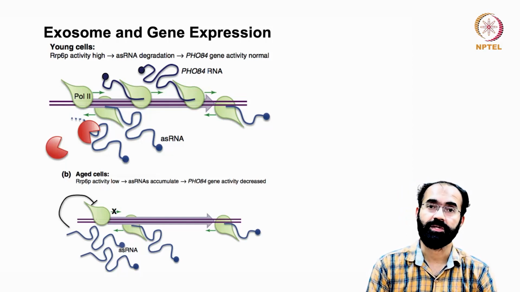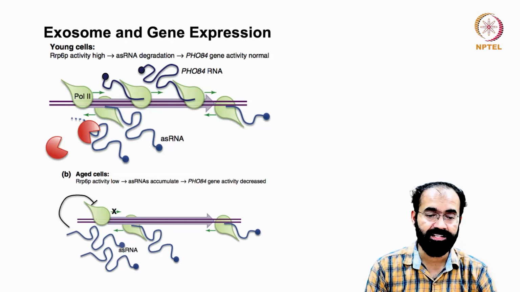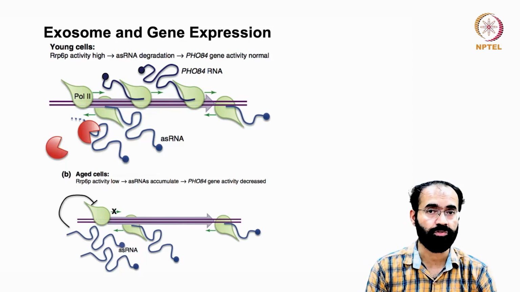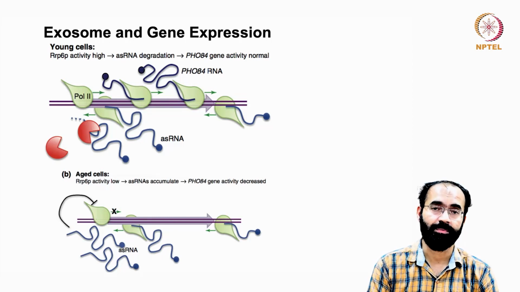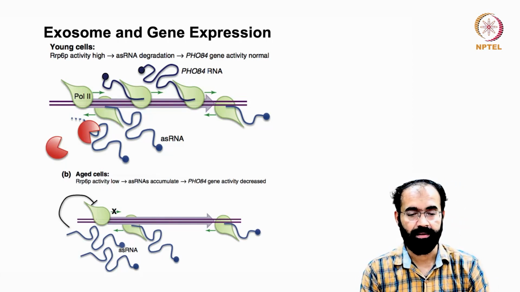Now think about a situation where the cell is aged. You have an aged cell, where RRP6P activity is low. RRP6P is an exosome, an exonuclease. The antisense RNA is now stable because RRP6P activity is low and no one is there to degrade it.